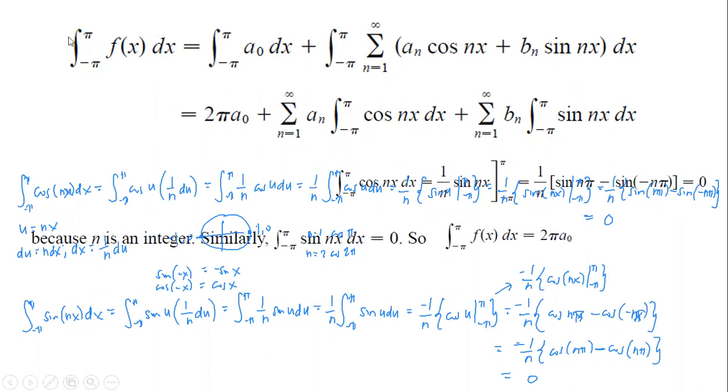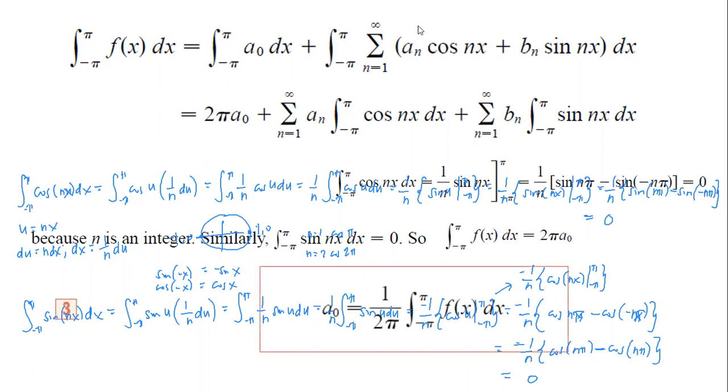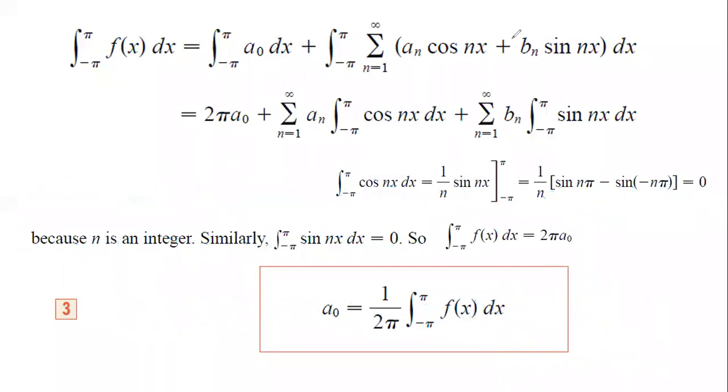So the integral of f of x dx from negative pi to pi is equivalent to, okay, this first term lang, 2 pi a sub naught. Okay, so of course, by dividing both sides by 2 pi, this will give us the formula for a sub naught. So, ang a sub naught natin is, clear na, 1 over 2 pi times the integral of f of x dx from negative pi to pi.